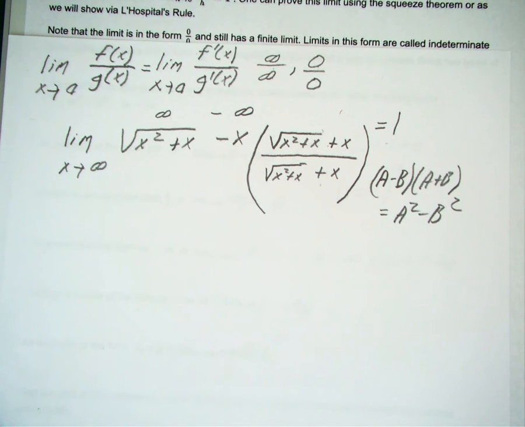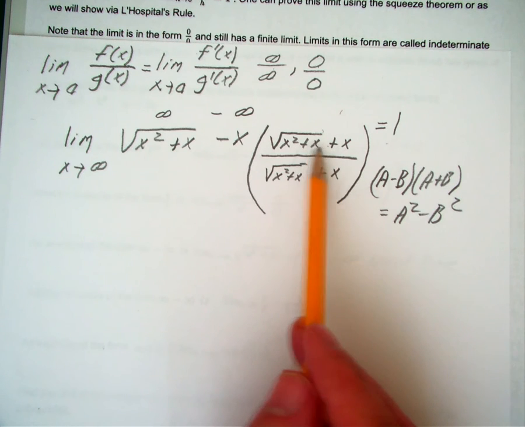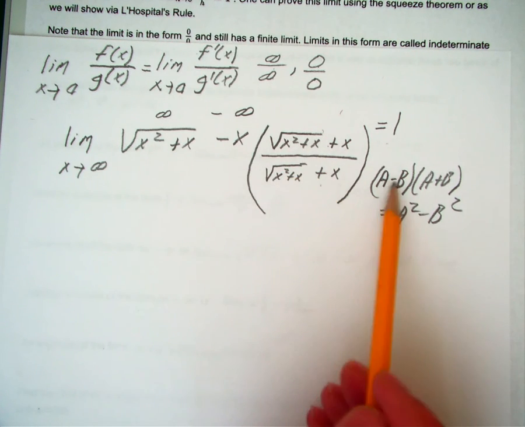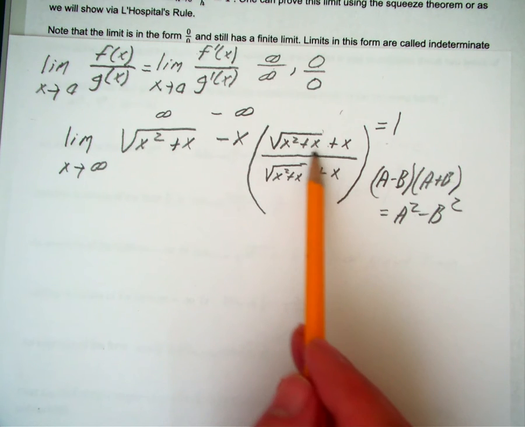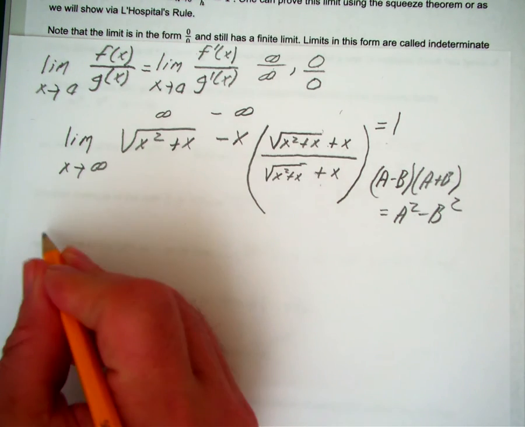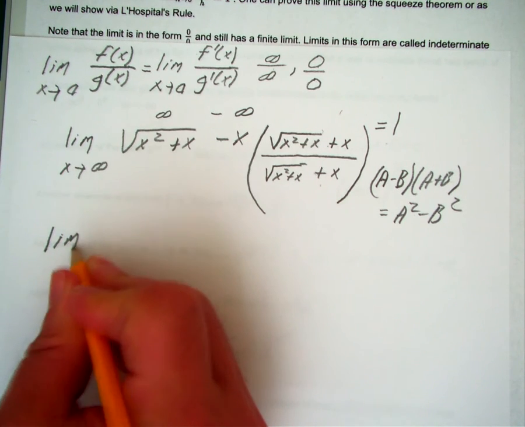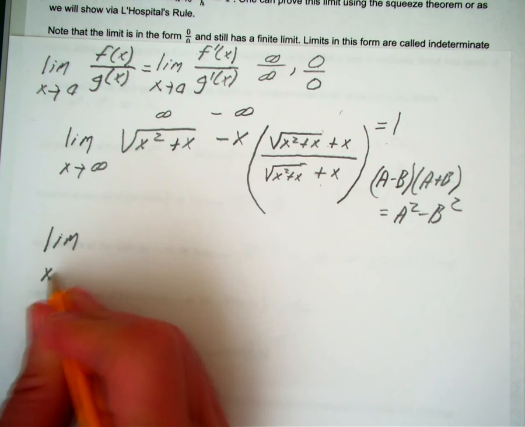I don't want people memorizing anything. I want you to see what motivates this. This part right here is the algebra that motivates this monstrosity here. And y'all have been good about this. Keep writing the limit down, please, people.